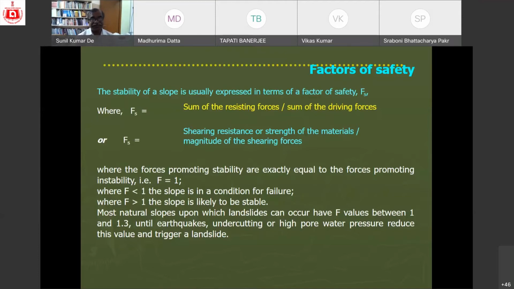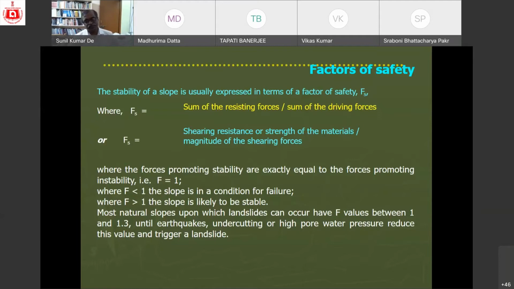When the ratio is less than 1, it means the resisting force is very low, and in that case the slope is in a condition to fail. If it is more than 1, there is hardly any problem with the slope. If it is equal to 1, it may or may not fail depending on the extra driving forces in that area.